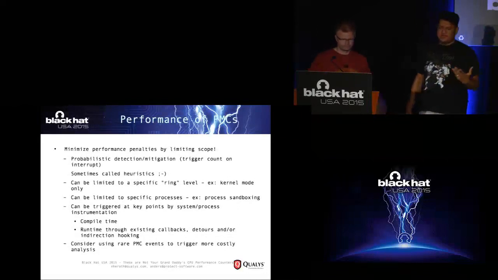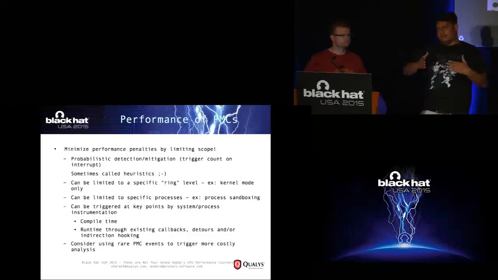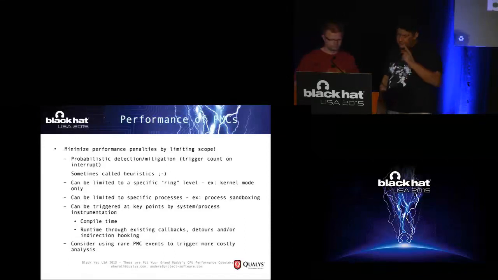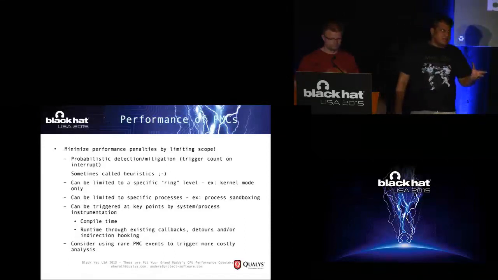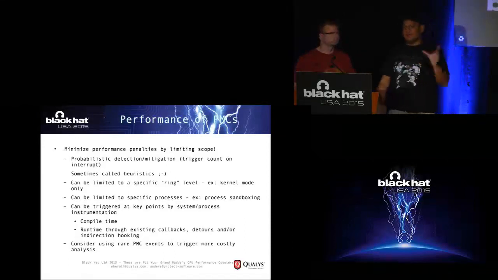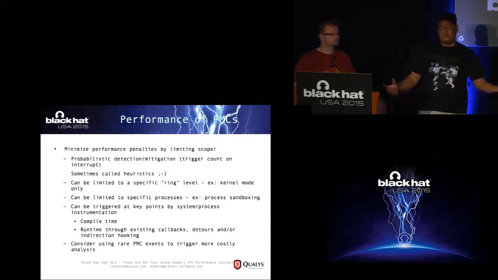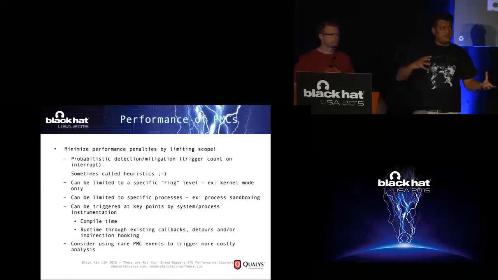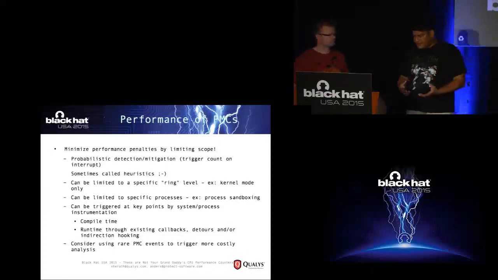That way, the actual processing cost is spread across the number of event parcels. We can also limit this to particular CPU ring levels, like ring 0 or ring 3, between privileged and unprivileged code. By limiting this scope, we limit the number of events and therefore reduce the performance penalties.